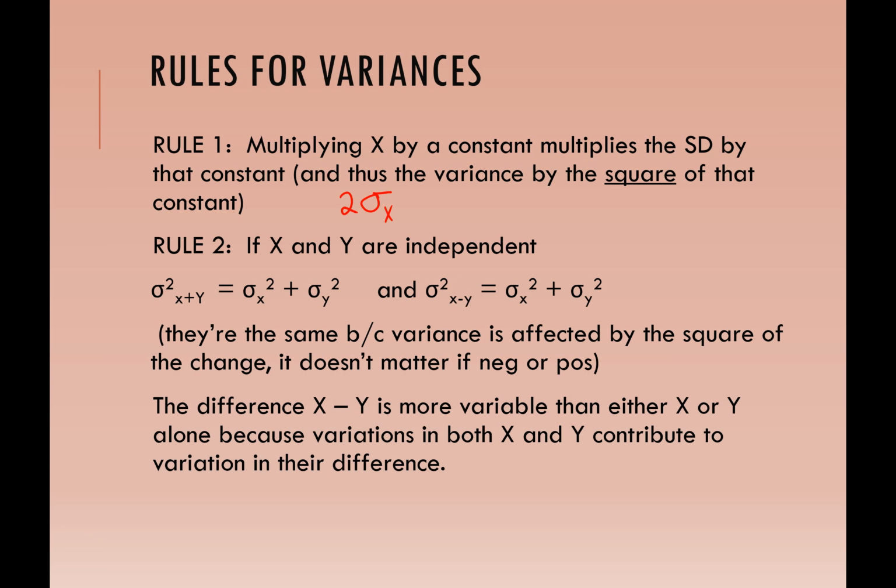Then if I had two random variables that I want to add together, like the cars and SUVs, I can just add their variances. If I'm subtracting, though, I also add their variances. So it doesn't matter if you're adding or subtracting, you're still only adding the variances. And you can't do anything to the standard deviation.